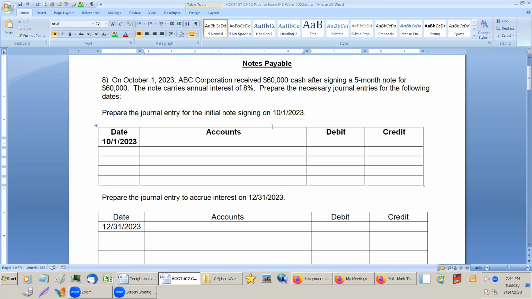Cash. Note payable. I don't know if you guys want me to put these on or not, the liability and the liabilities are going up, our assets are going up.